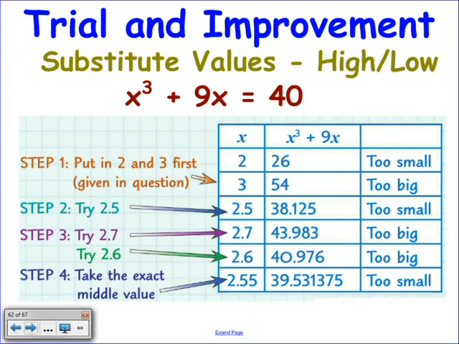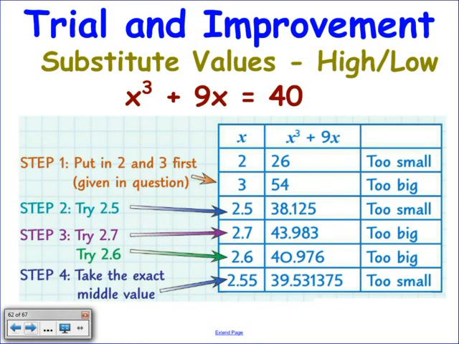So here it's too big at 2.6 and it's too small for 2.5. So I know my answer lies between 2.5 and 2.6. I then put the halfway point between those two in, and in this case 2.55 is too small, so the answer must be bigger than 2.55, which means 2.6 is the closest answer to 1 decimal place.